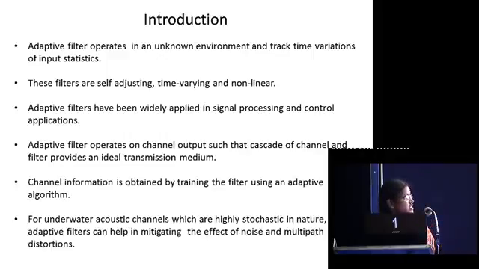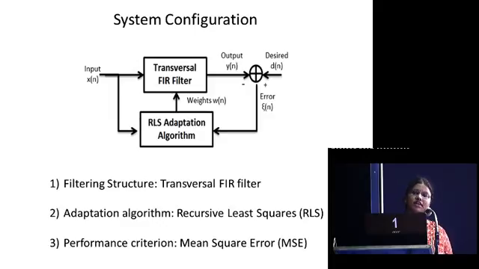This is the basic system configuration of a generic adaptive filter. It basically has a structure, which is a transversal FIR that I have used here, and it has an adaptation algorithm, which is RLS here.